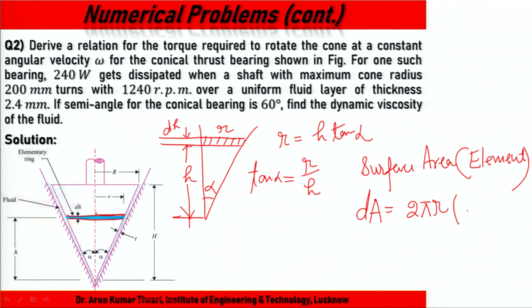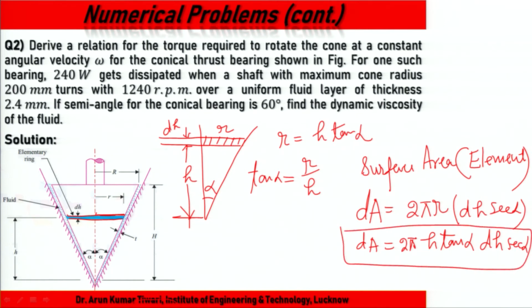So dA equal to 2 pi r, where r is h tan alpha, into dh sec alpha. So, dA equal to 2 pi h tan alpha dh sec alpha. This is the surface area, and we can easily calculate it, since we know r.